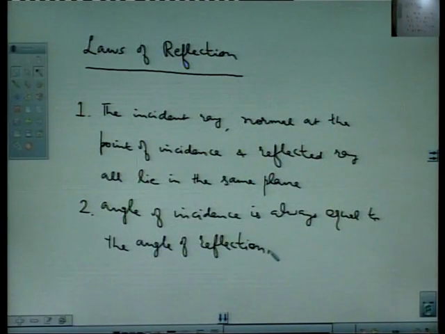These are the two laws which the phenomena of reflection of light follows. I is equal to R. Angle I is equal to angle R. Angle of incidence is always equal to angle of reflection.